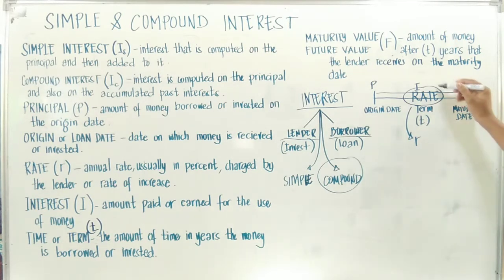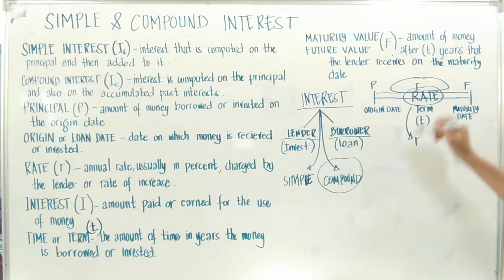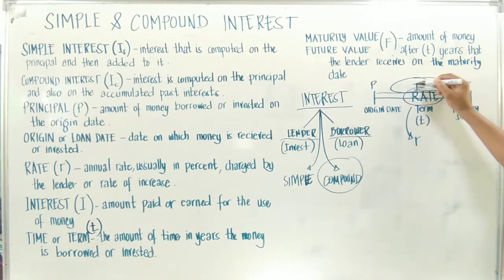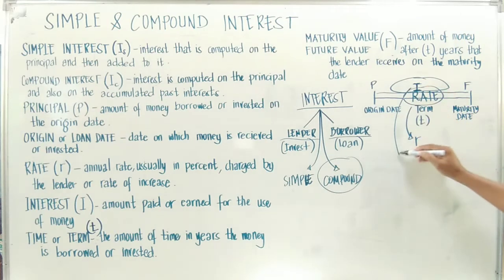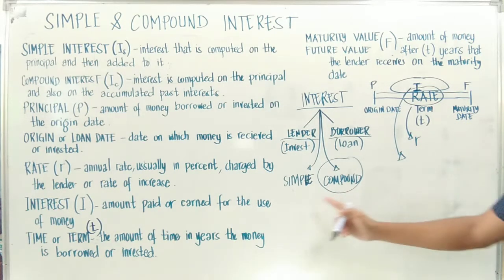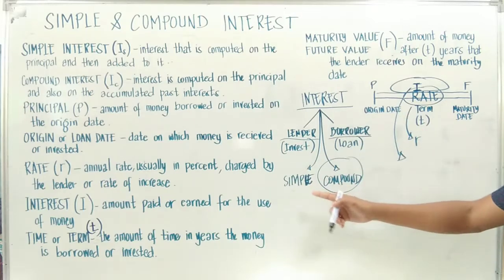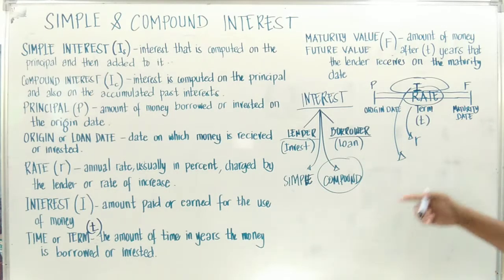Okay? And this interest, the amount of money that you will earn, depends on the rate, of course. And this interest, again, is classified as simple interest or compound interest.